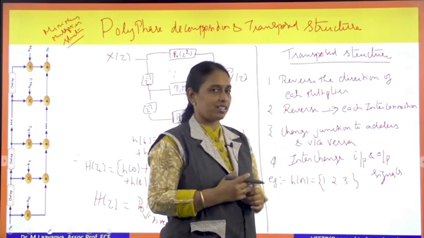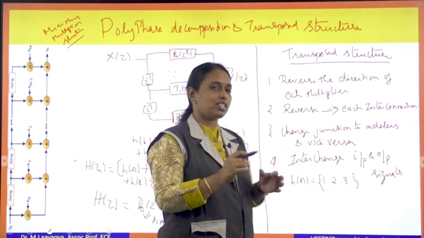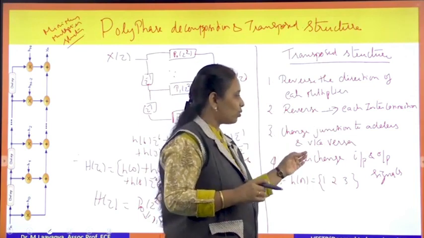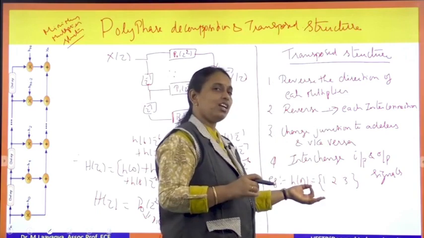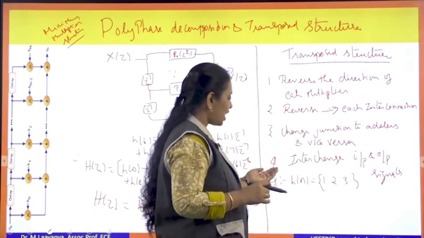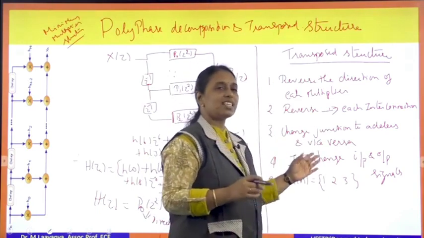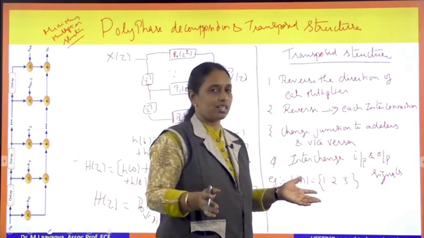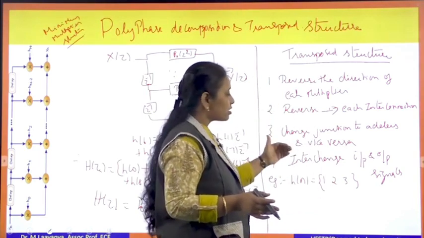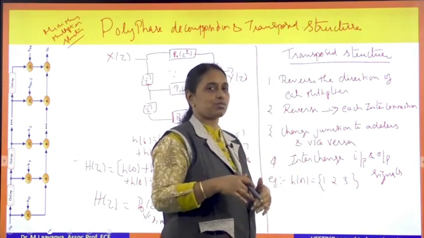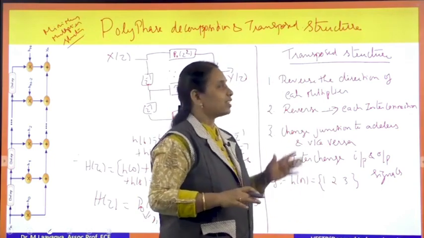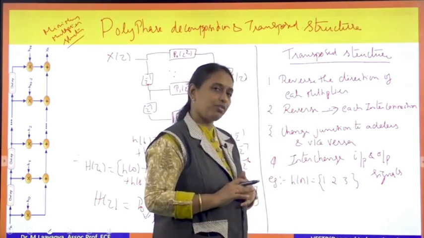Junction means the branch, that is, the node. So the nodes will be converted to adders and the adders will be converted to nodes, which are the junctions. And finally we will interchange the input and output signals. If you do this, the original signal without transposing and the one after transposing will both be the same. That is the transposed structure of FIR.